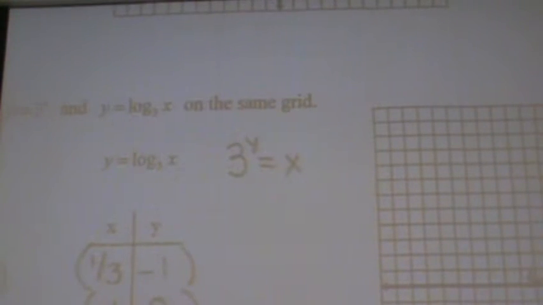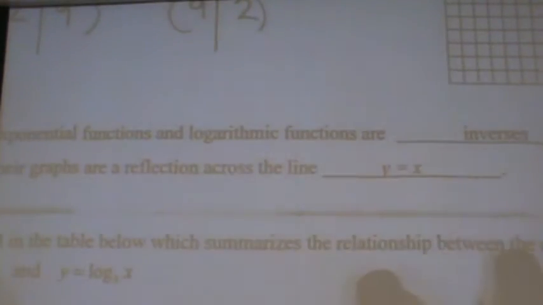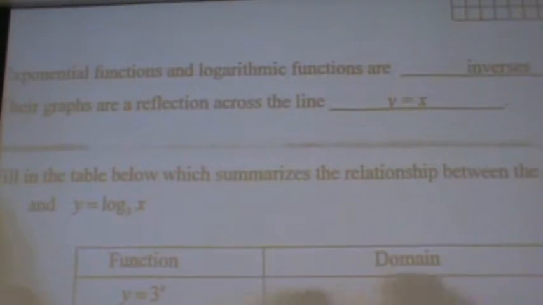So are you understanding this so far? Okay. Now, right here is just all what we just talked about. They're inverses of each other. It's a reflection on line y equals x. And we did all this, the domain and the range. So now let's get into some transformation ones.